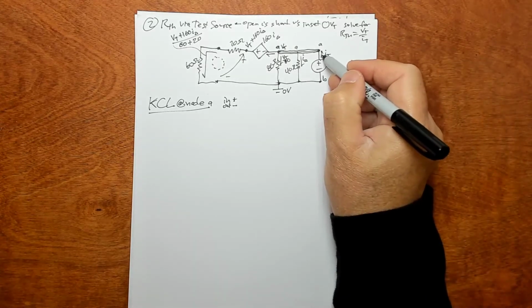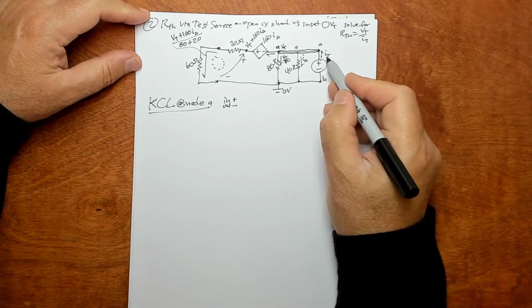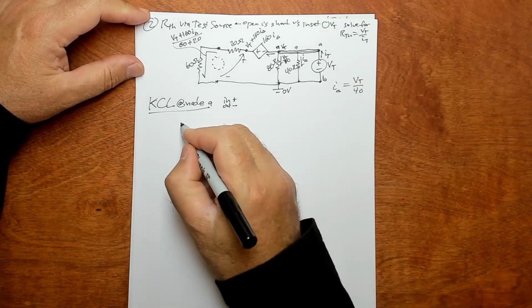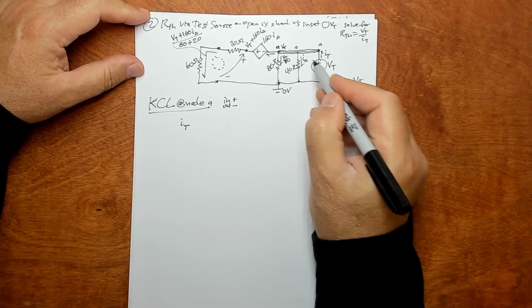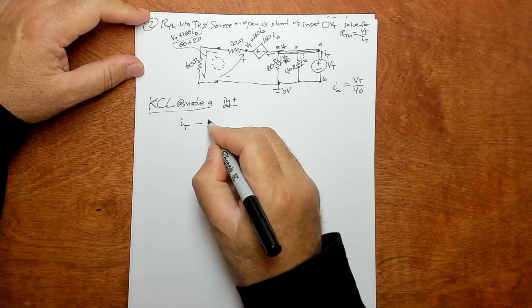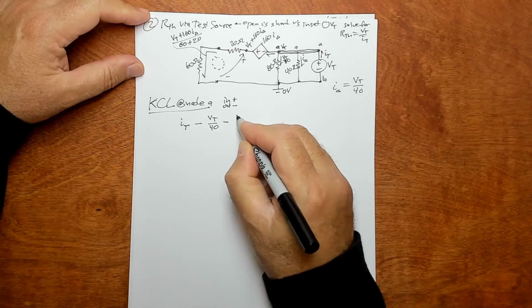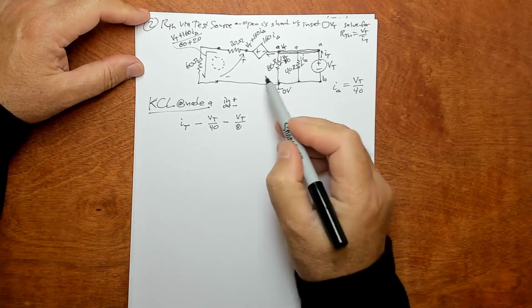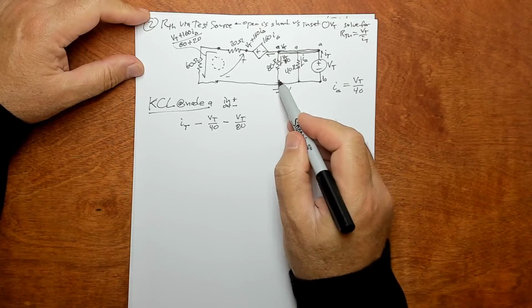We'll sum all the currents coming in and out of node A. So I've got I sub t coming in. There's this guy coming out, this I delta, which is given by VT over 40 coming out. So this is VT over 40 minus, and then we've got VT over 80 also coming out. These two currents, VT over 40 is this current, VT over 80 is this current.